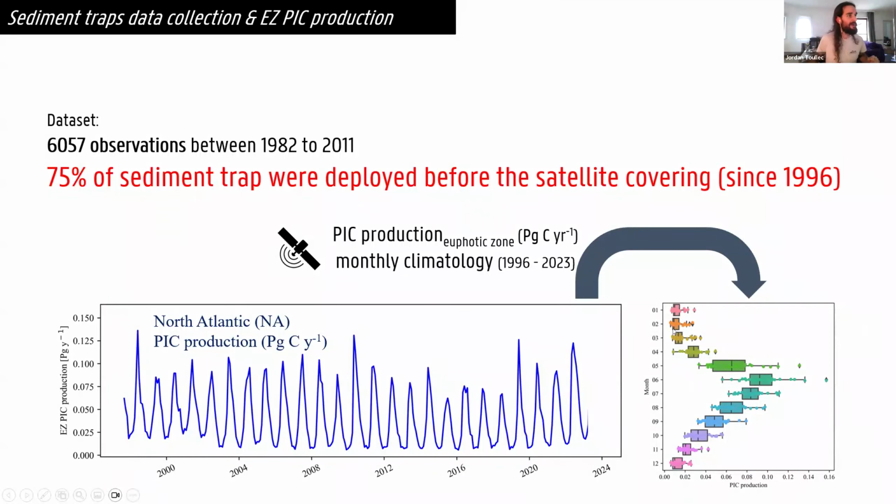And if I take the mean of these 27 years, I get this box plot distribution. The y-axis is the month, January to December, and we have quite a nice seasonal pattern. So I use this climatology to do a matchup with my sediment trap data collection.